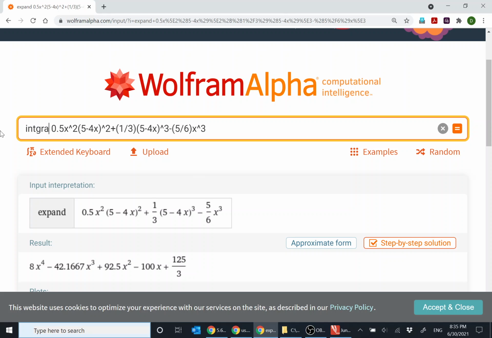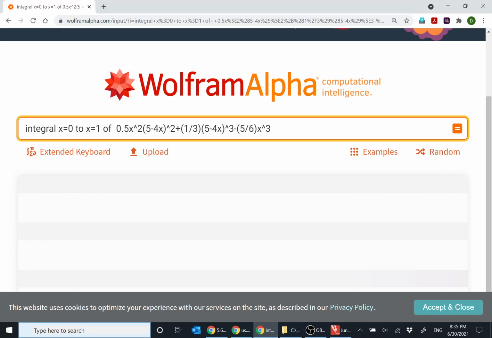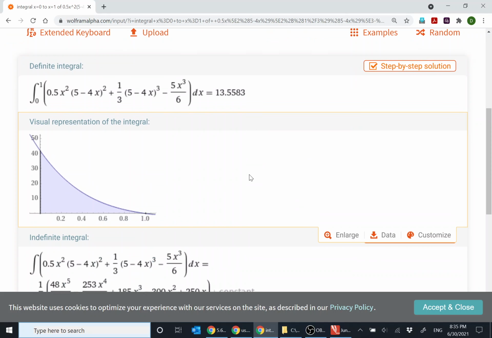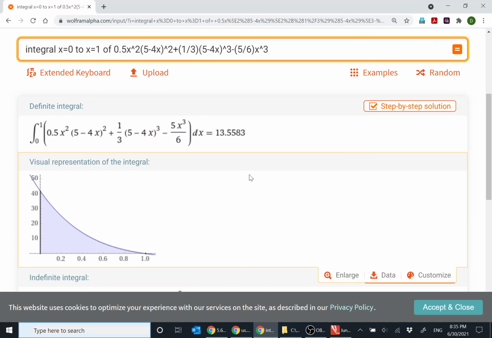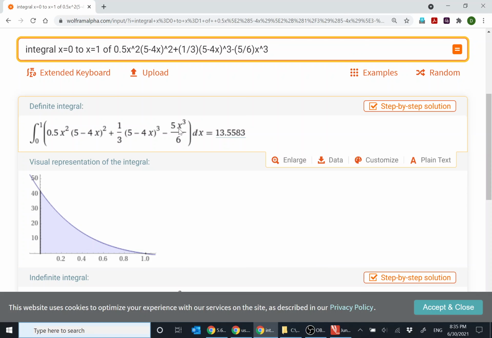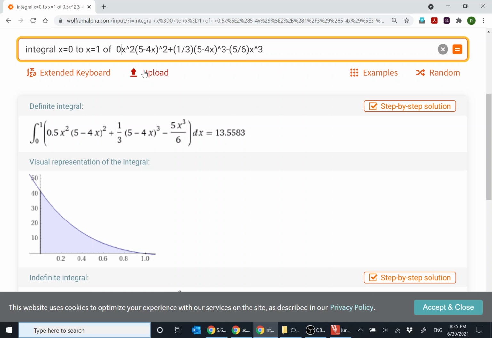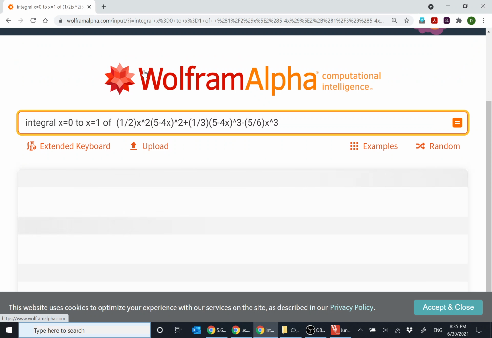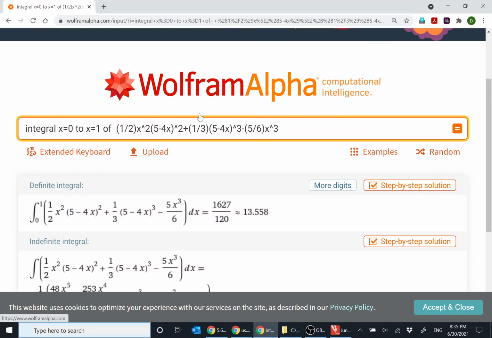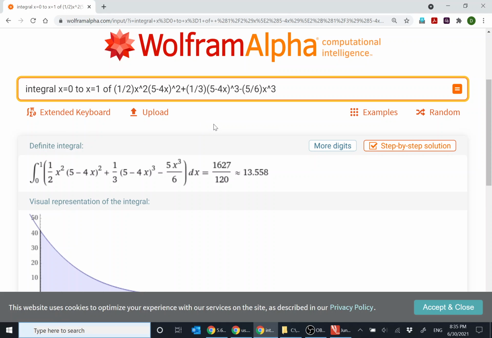So the integral from x equals 0 to x equals 1 of that. 13.5583. Can I get him to do it in terms of, maybe if I put a 1/2 here, not give me a decimal. 1627 over 120.